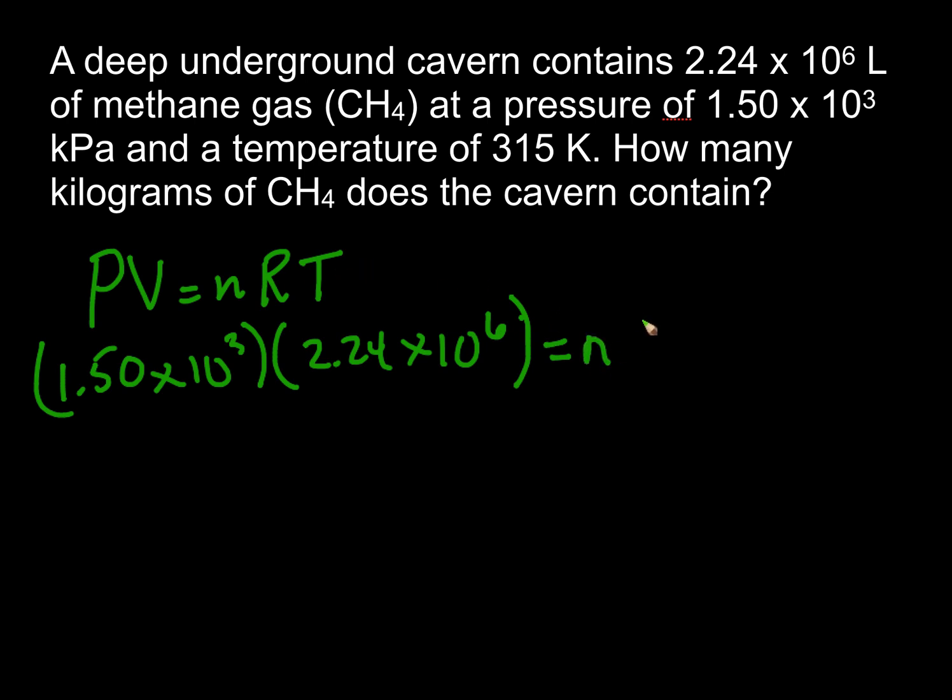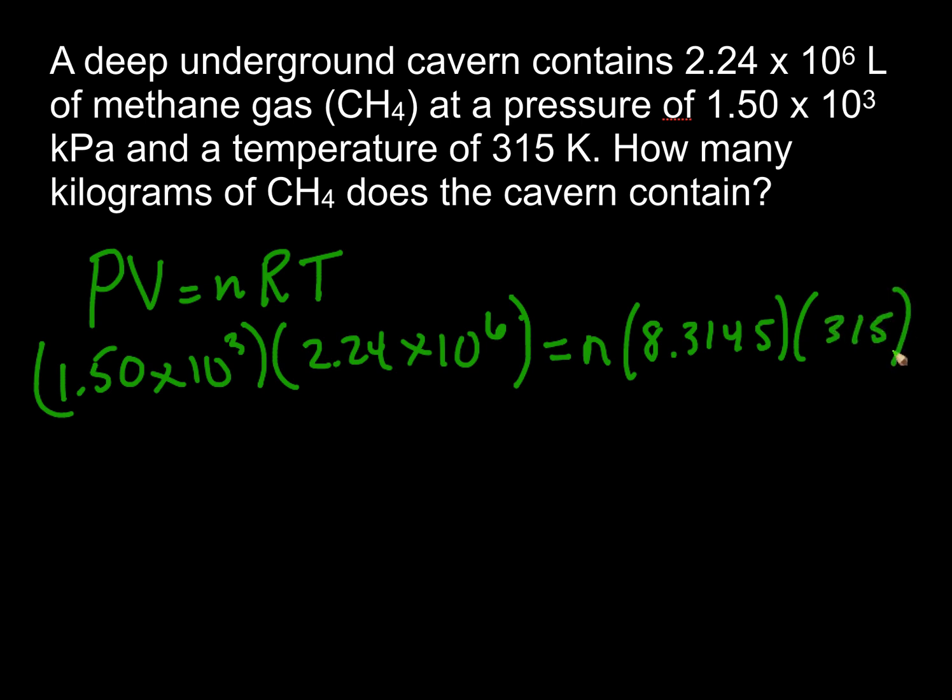So our same gas constant as before. Our pressure is in kPa, so we need to use 8.3145 and then multiply that by 315.